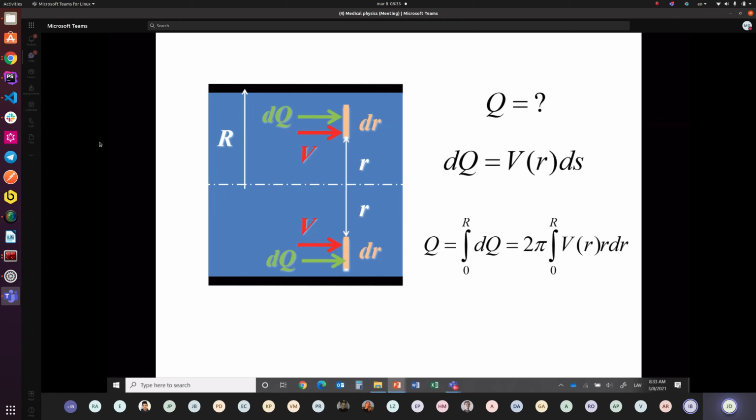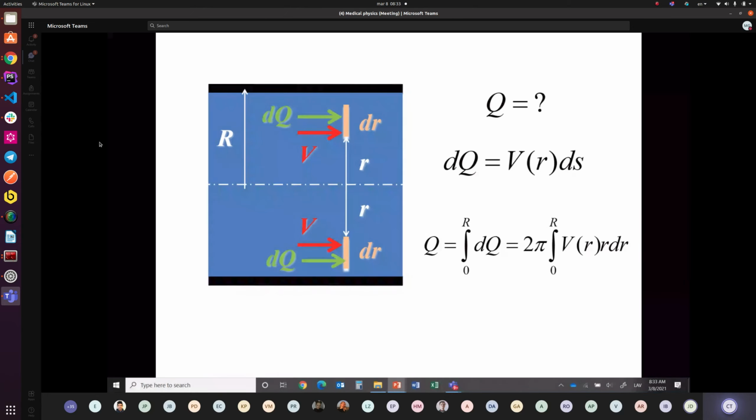What is S again? The S, ds. So this is the area of this ring. Is it a square or is it a circle? Square.